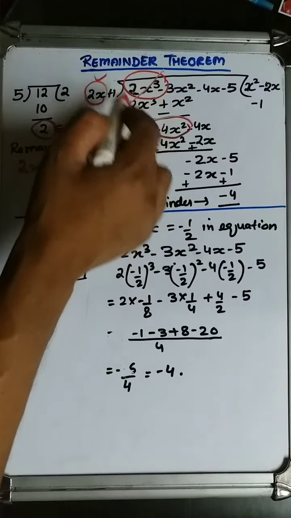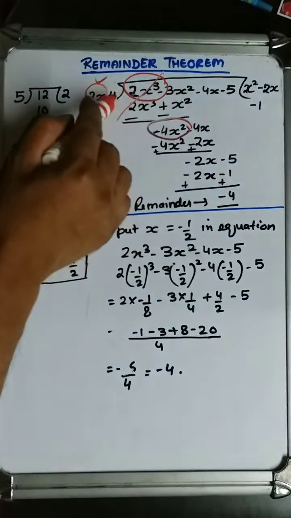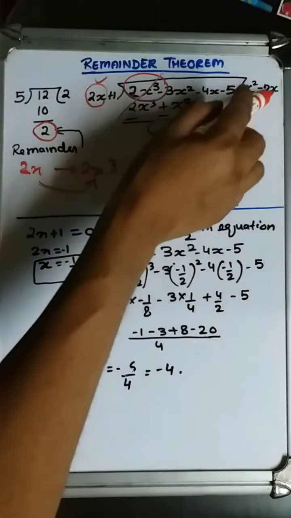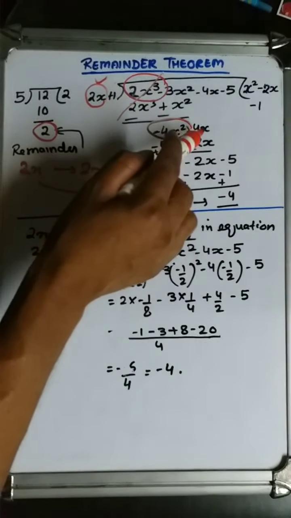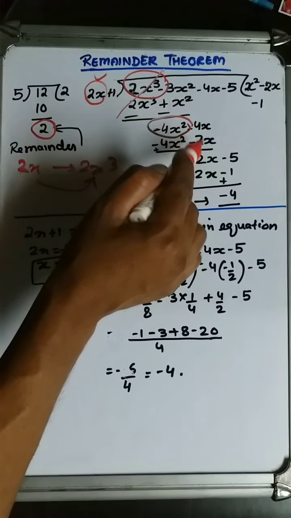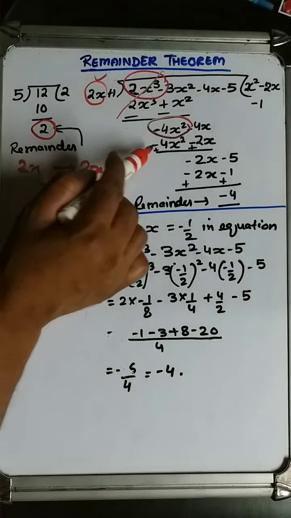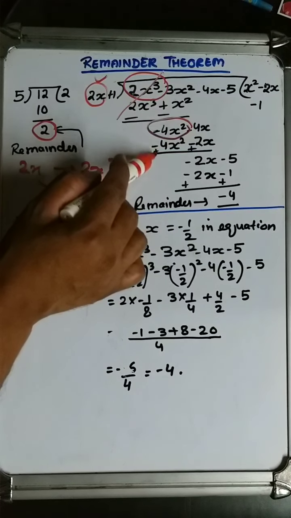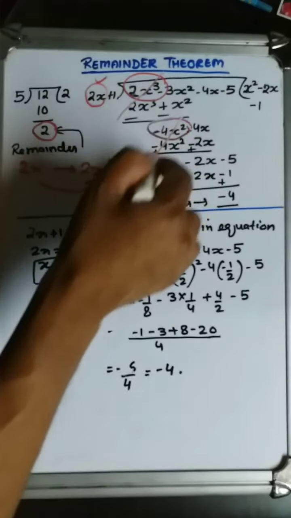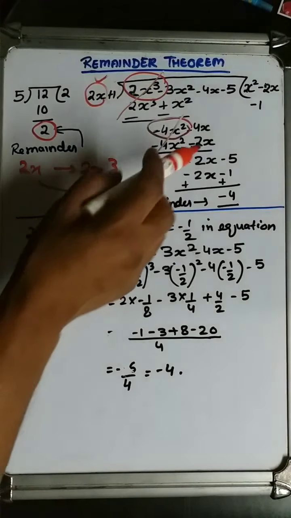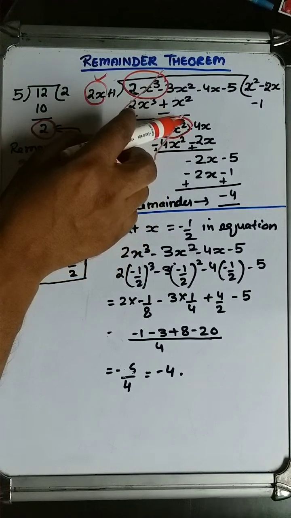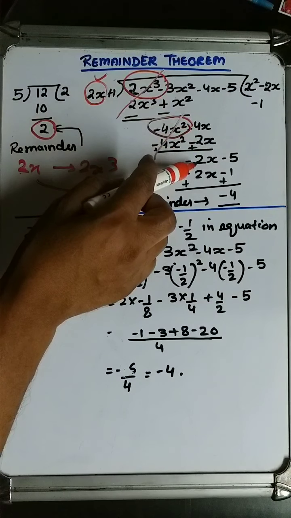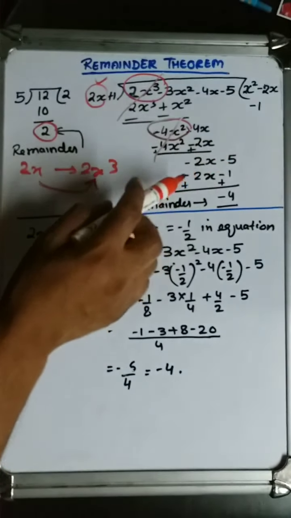As described for the first term also, this should be multiplied by the second term also. So minus 2x into 1 is minus 2x. Now change the sign as usual when subtracting. This minus becomes plus, minus becomes plus. This gets cancelled out. Now we are left with minus 4 and plus 2, which is minus 2x. Copy the next term.